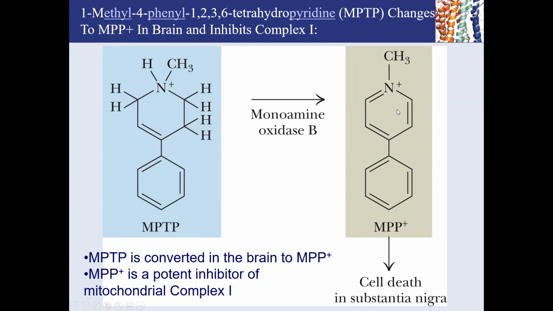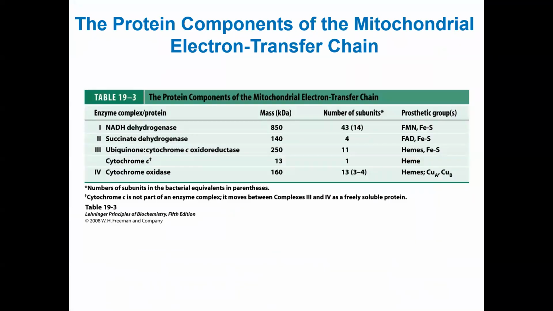And so this molecule MPP plus will actually get enriched and basically cause cell death in this region of the brain. I'm sure many of you are neuroscientists, the substantia nigra, and that would be the cause of this paralysis. So yeah, that's a little bit of medical mystery and how it was solved.